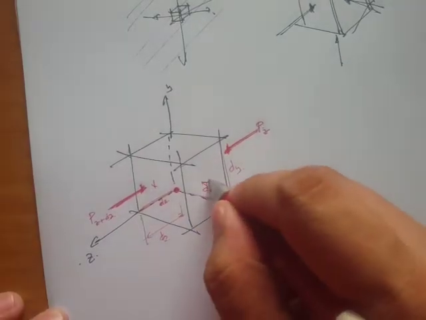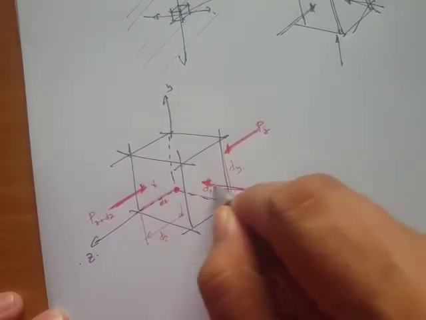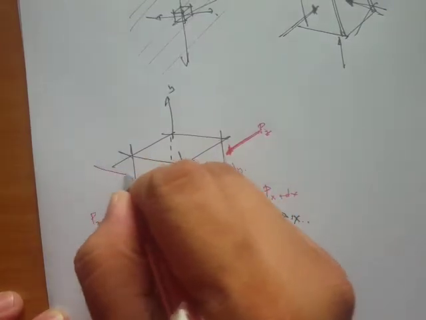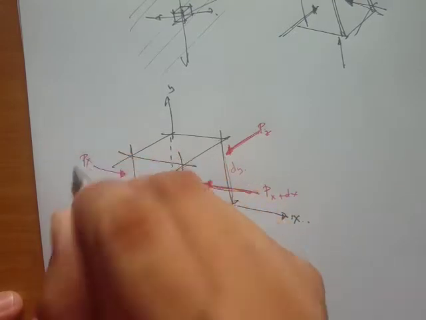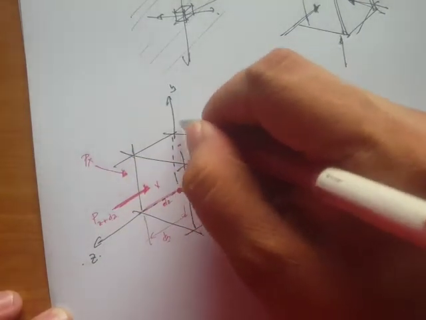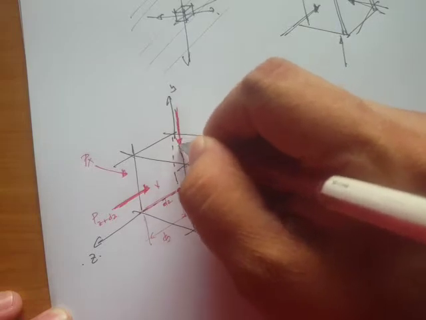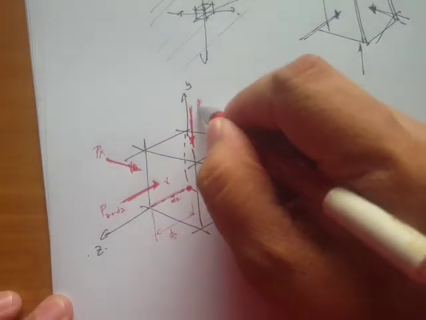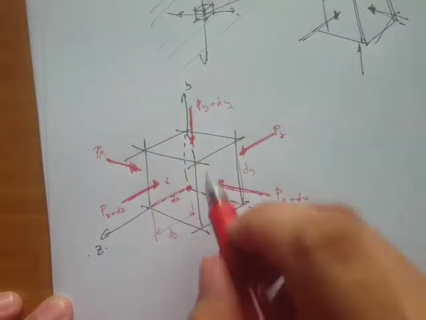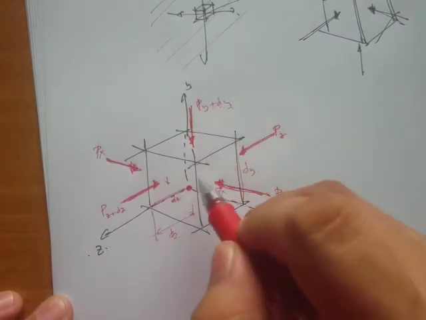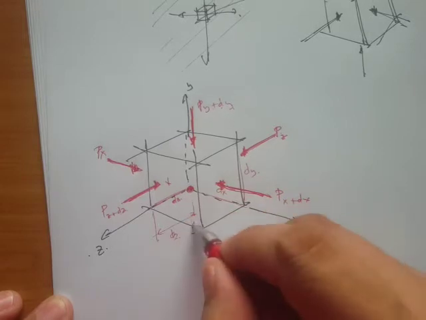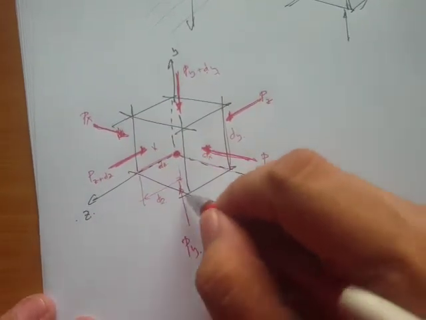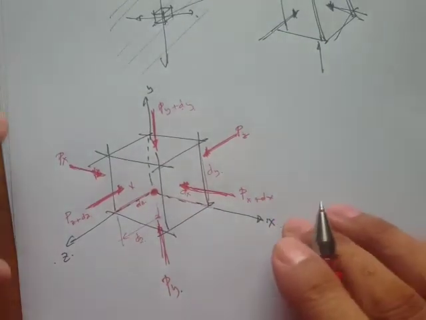Okay, so we have forces on all the faces. So let's say this is px plus dx, and we'll write this is px, and of course this one would be py plus dy. Okay, so again, why is it plus dy? It's simply because my reference point is at the bottom. Right, so let's say this is my py at the bottom.